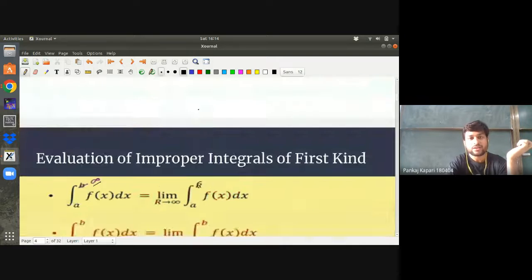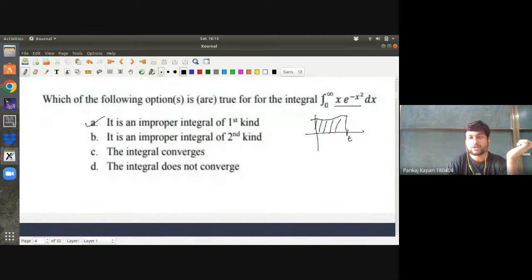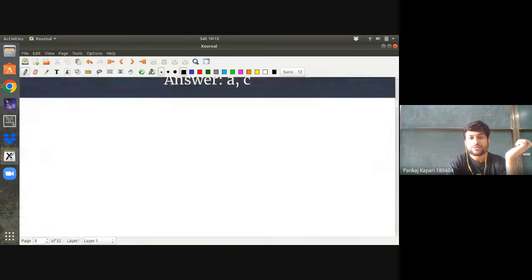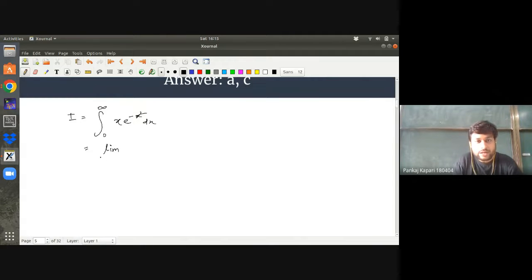Okay, so for this particular integral, what will we do? We have to find whether this integral, of the function e to the power minus x square dx, converges or diverges. By definition, this is the same as the limit as r goes to infinity of the integral from 0 to r.